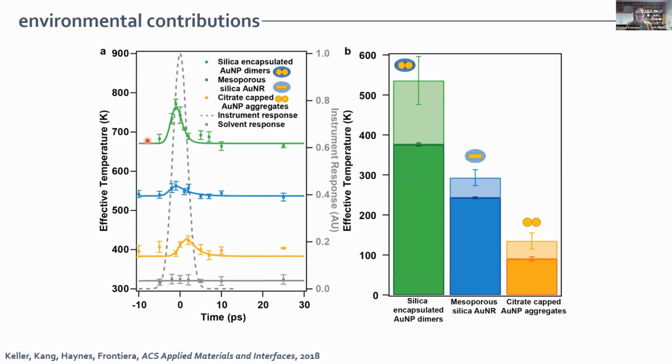For example, for these silica-capped particles, we see effective temperatures on the order of 700 Kelvin, which clearly is sufficient to drive chemical reactions, although this is a relatively artificial system and not one generally used by chemical engineers. But essentially, we can encapsulate the system and try and keep this vibrational energy close to the molecules.